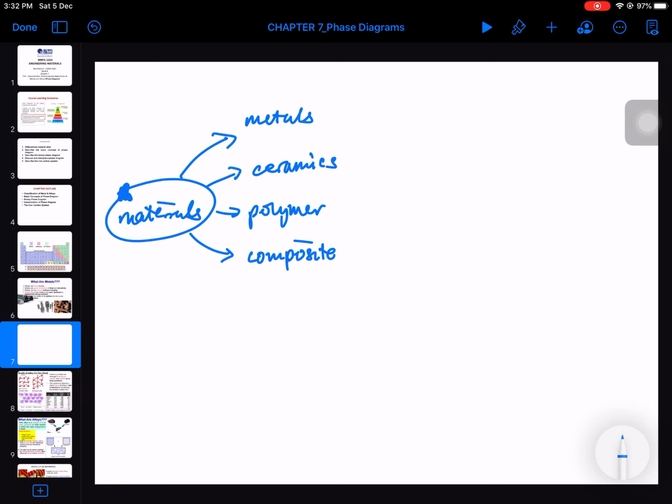Before you can answer what are metals, you need to know what are the characteristics of metals and what makes them differ from the other materials. Metals in general, if you are looking at the physical appearance or the physical properties, are normally shiny, and also normally heavier and harder than the other groups of materials.